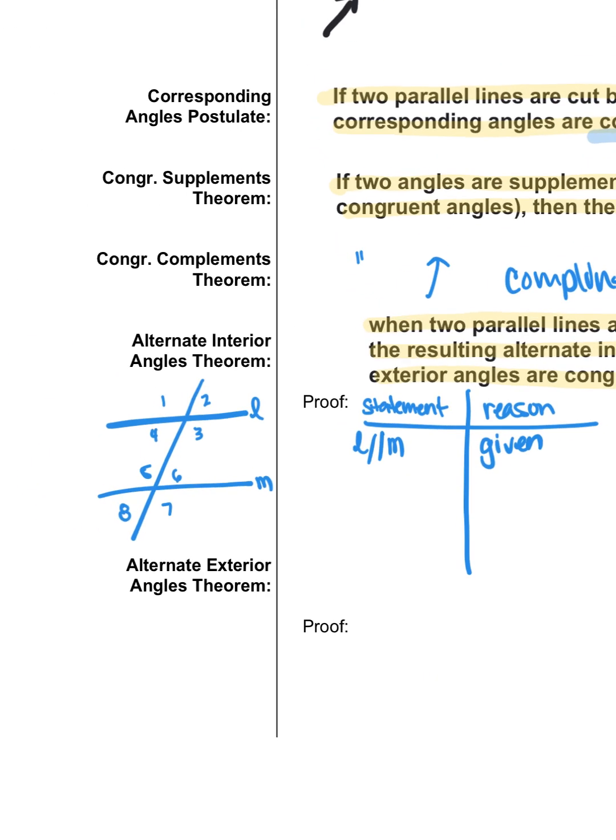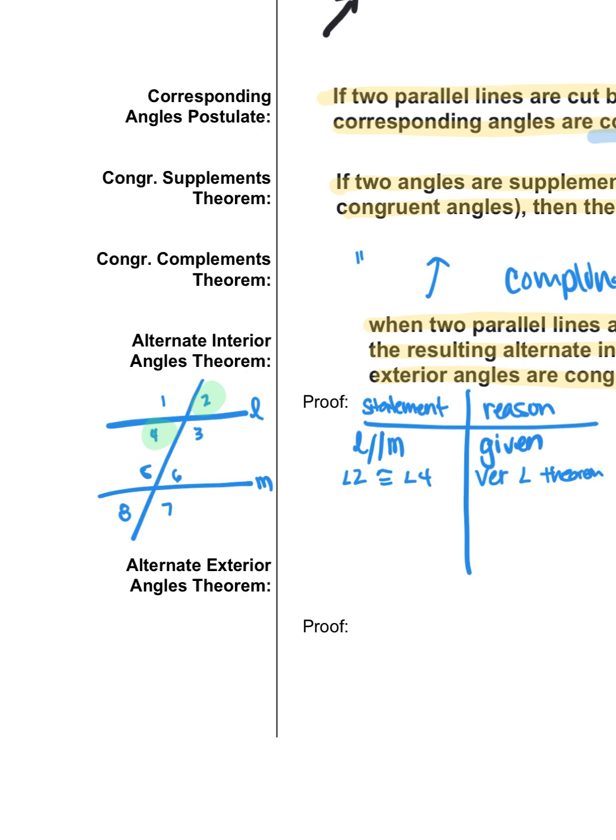Okay, so since those two lines are parallel to each other, we know that angle 2 is congruent to angle 4 because of the vertical angle theorem. Okay, I'm going to highlight them in green when we know that they are equal to each other. We know 2 and 4 are equal to each other, or congruent to each other.